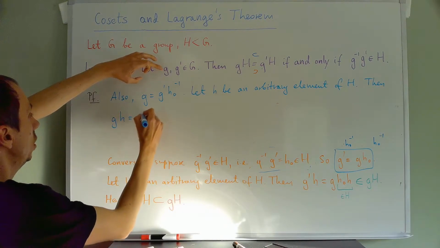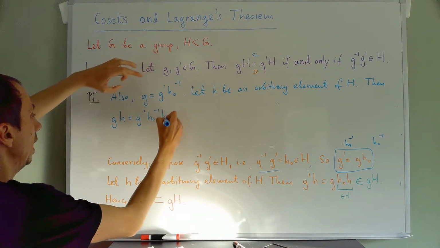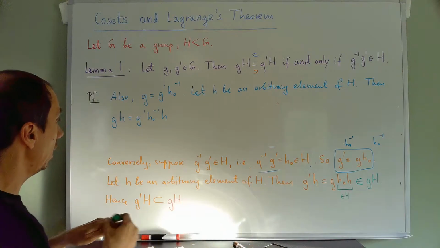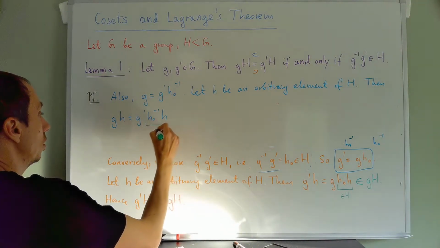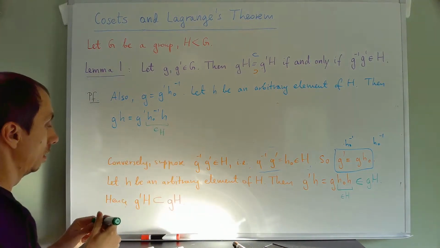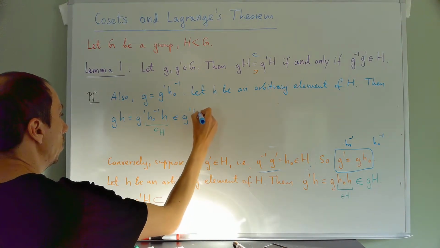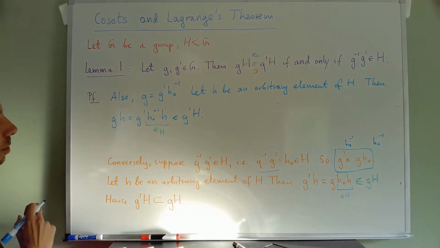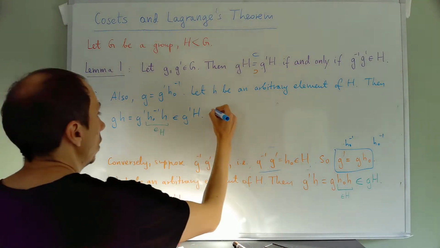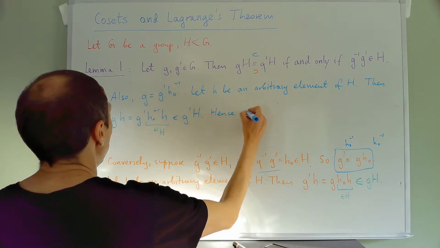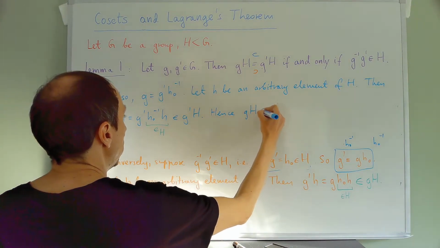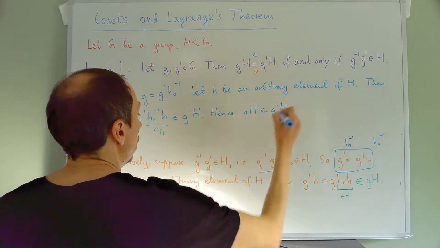Gh is equal to G prime H0 inverse h. Again, I notice that this thing is in H. So that means Gh belongs to G prime H. Because h was arbitrary, this means that I get GH contained in G prime H.